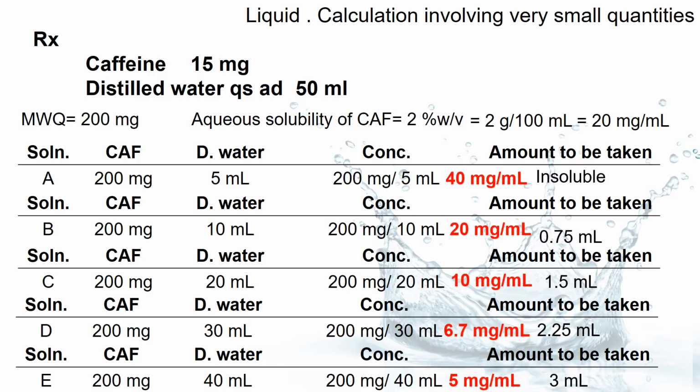So the volume to be taken depends on the solution you're going to prepare. How much water you need for your stock solution depends on the final volume of your final formulation.